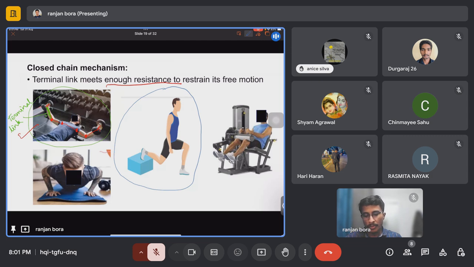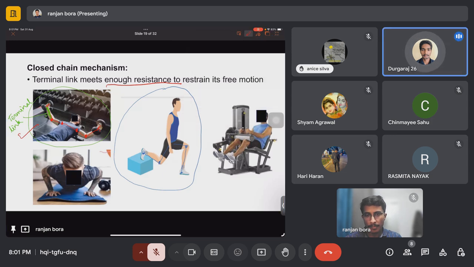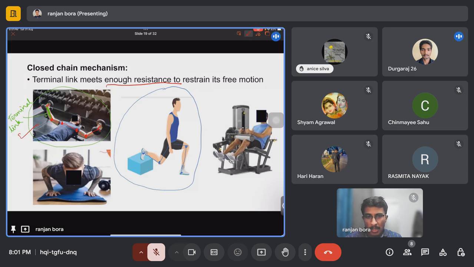What you need to do is draw the links here and here. So which are the terminal links here? Between knee and hip? No, that is not the terminal link.